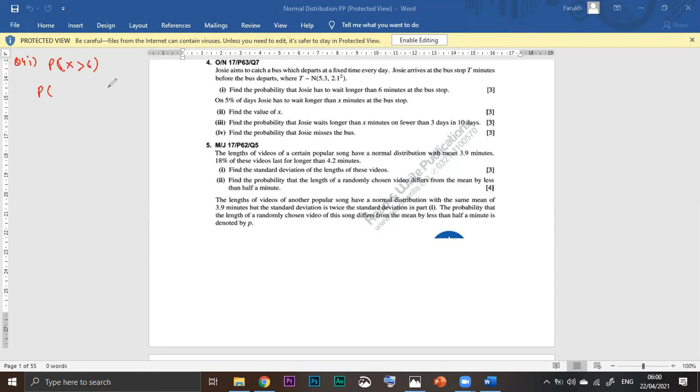Probability of z greater than... z is equal to x minus mu over standard deviation. Z is equal to 6 minus 5.3 over 2.1. What's the final answer? One over three.